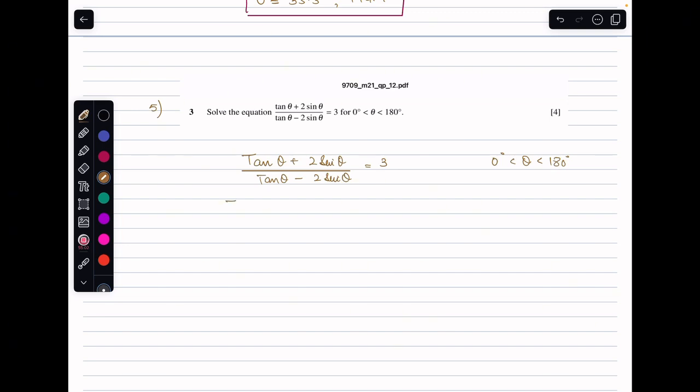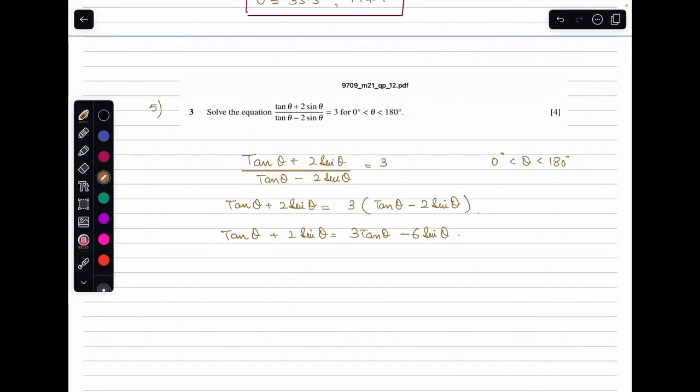To solve the equation, I can take the denominator to the other side, so that it becomes 3 times (tan theta − 2 sine theta). Solving it, tan theta + 2 sine theta shall be equal to 3 tan theta − 6 sine theta.